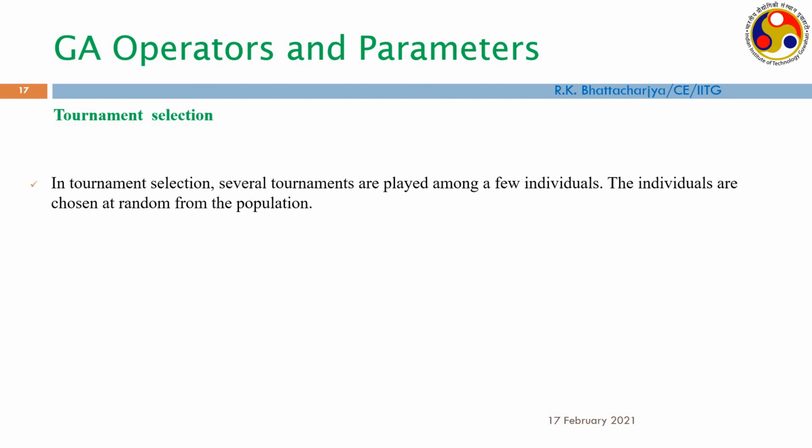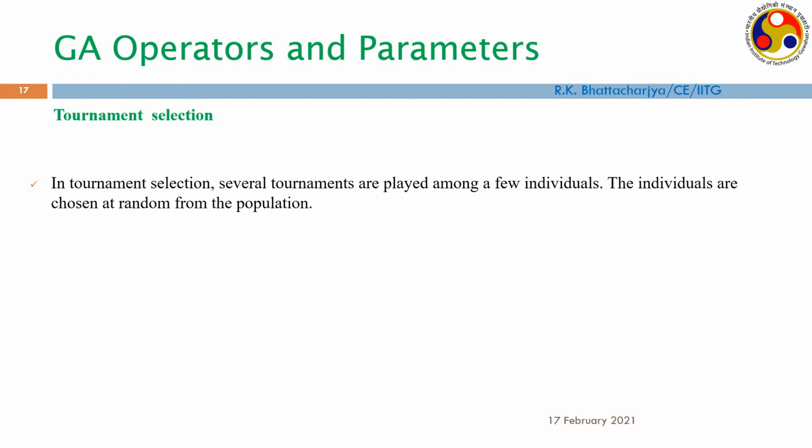The concept of tournament selection is very simple. In a tournament, several tournaments are played among a few individuals. Suppose there is a boxing tournament. There are two persons fighting each other, and one will be the winner after some time. He is the better solution, therefore he wins that particular tournament.